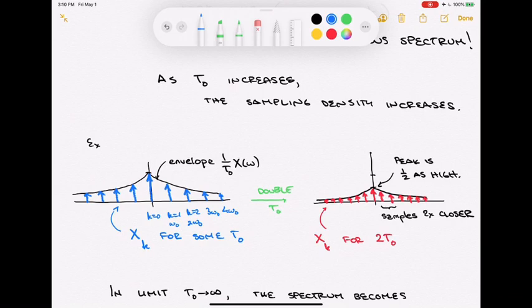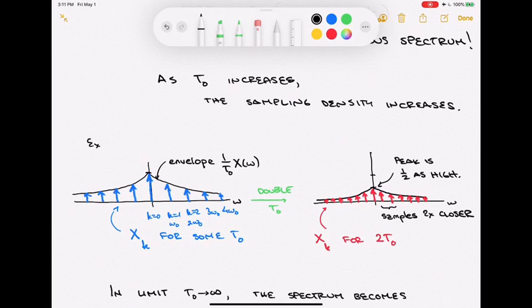So I'm just taking the underlying distribution, that's the solid black line, and sampling it at integer multiples of some base frequency, omega naught. That gives me a spacing in frequency. The horizontal axis here is frequency, omega. I get a bunch of samples of that underlying distribution, and the overall height depends on that overall period, 1 over t naught.